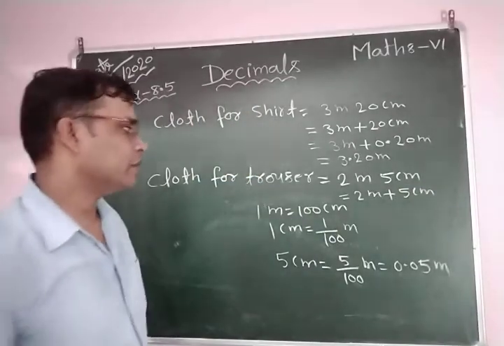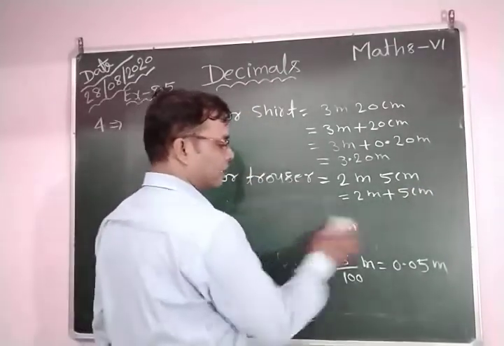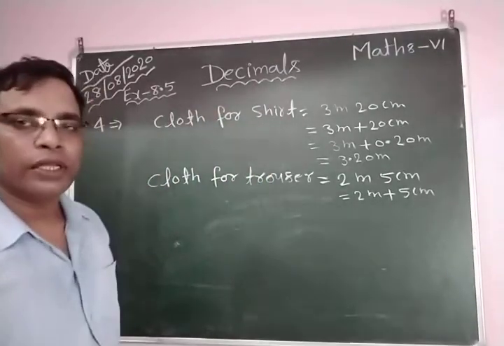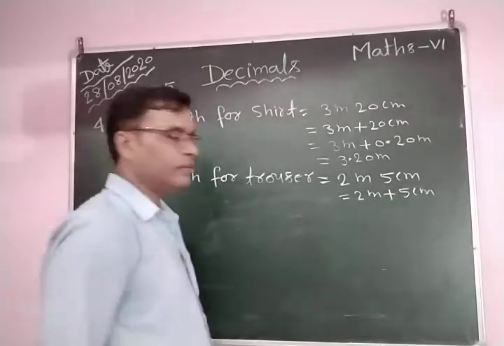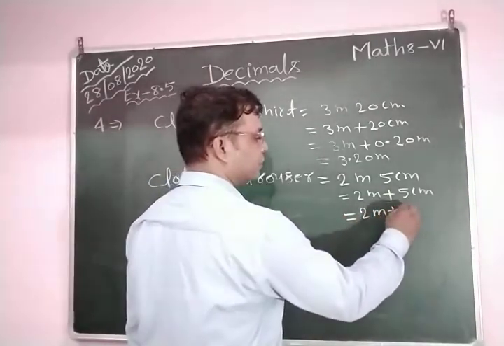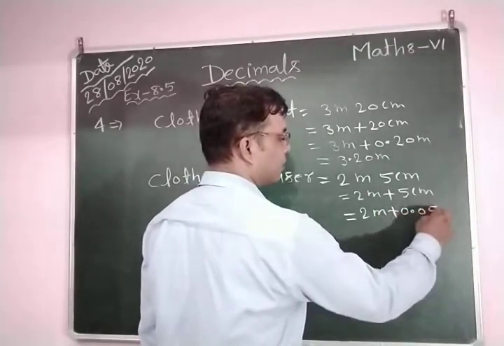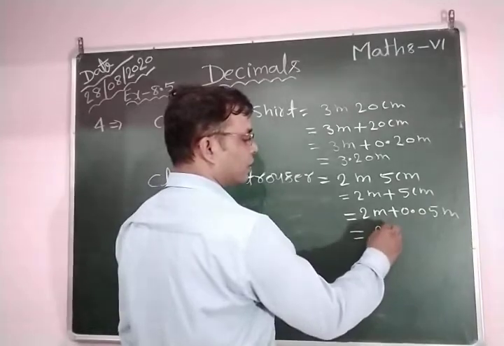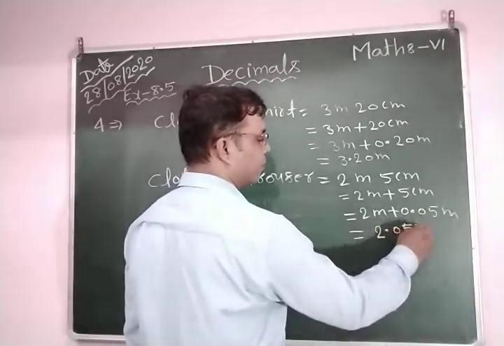2 meter plus 5 centimeter. So 5 centimeter is equal to 0.05 meter. This is equal to 2 meter plus 0.05 meters. If you sum here, then you obtain 2.05 meters.